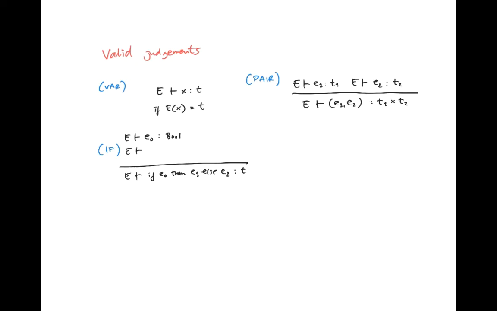So the two premises, apart from E0 having type bool, should be that E1 has type T and E2 also has type T. So that's how you type a conditional.